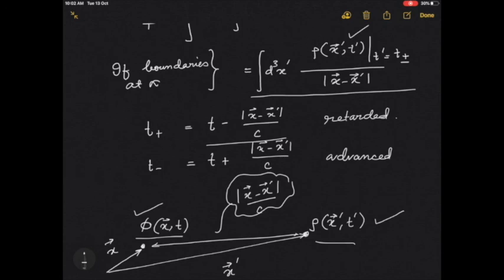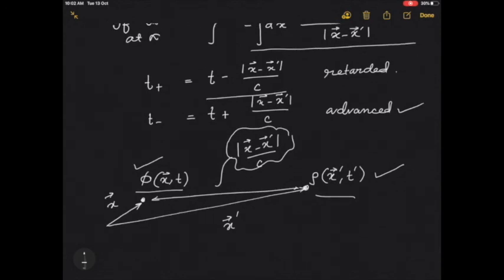So that is, the effect of this rho is felt at this point at phi, for phi at a later time. So that's why it's called a retarded or later solution. Okay. There is also an advanced solution, as you can see here. It was used by Wheeler and Feynman to explain certain things, but finally it did not work out very well.